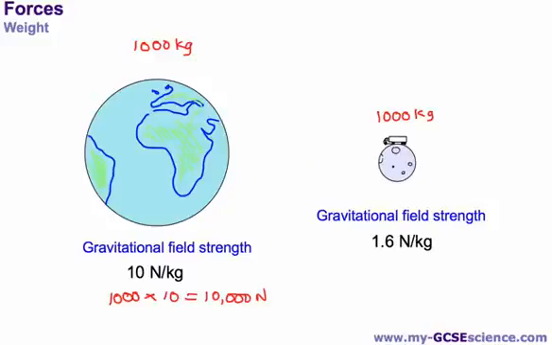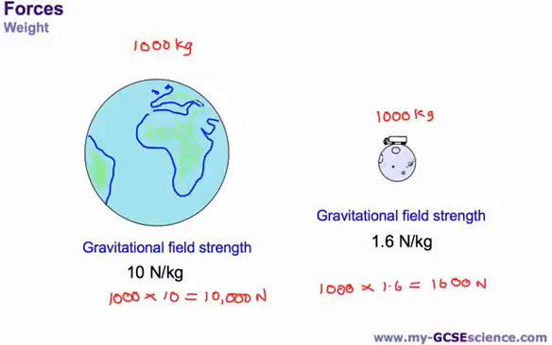And again, in the exam, if they're going to ask you to do this calculation, they will give you the value to use, so you don't need to memorize that. But in this case, it's 1,000 times 1.6, and that will give you 1,600 newtons of weight.